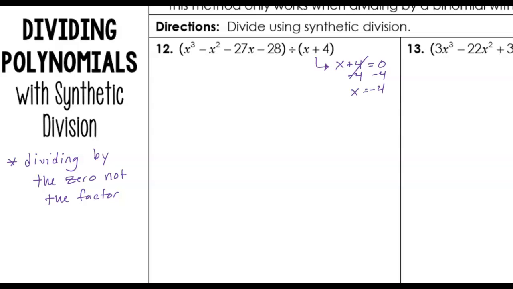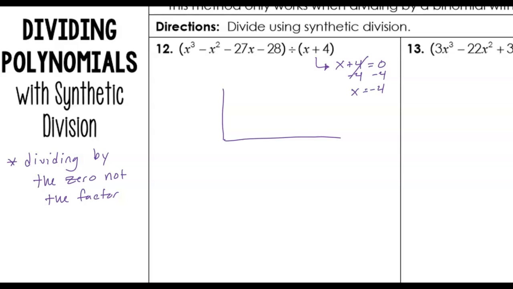So now, first step in synthetic is to create a double-story upside-down division house, like this. It's got 2 rows in it. It's doubly tall. And inside the top row of the division house, you're putting the coefficients on your polynomial, on what is being divided.